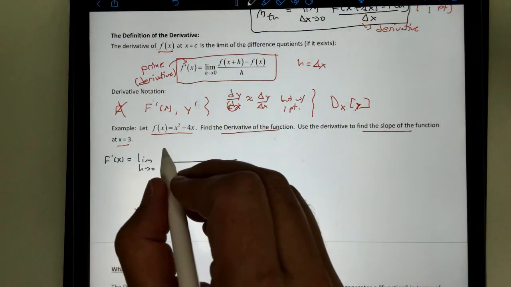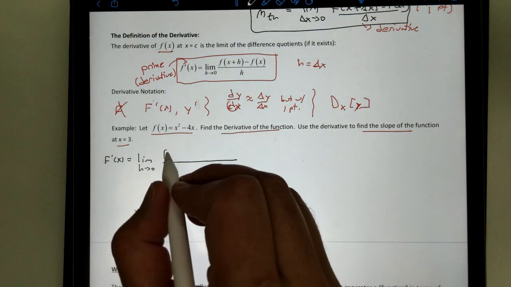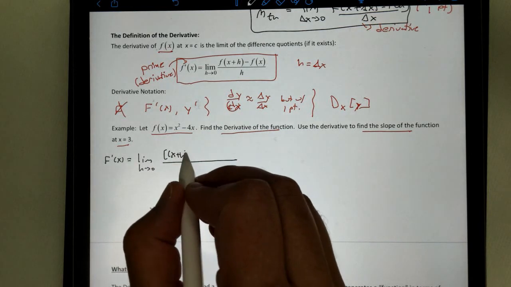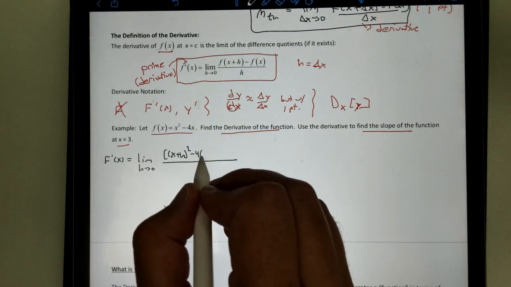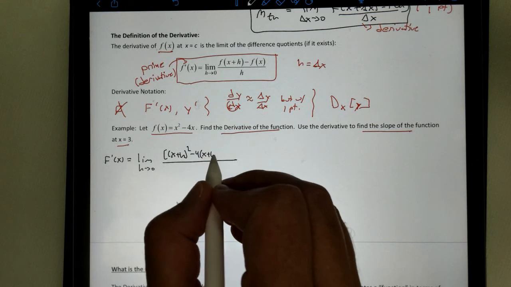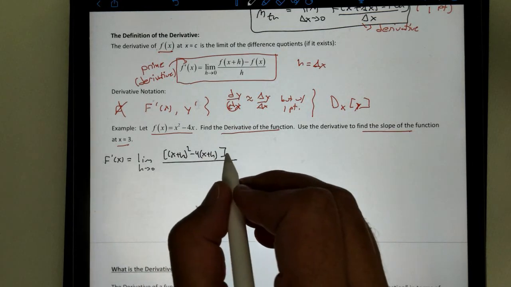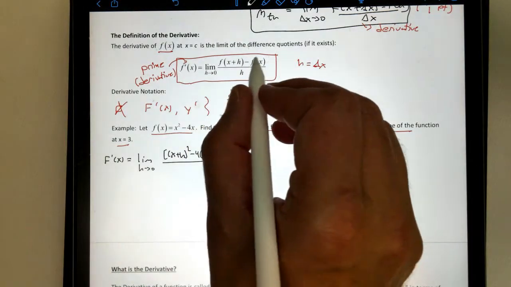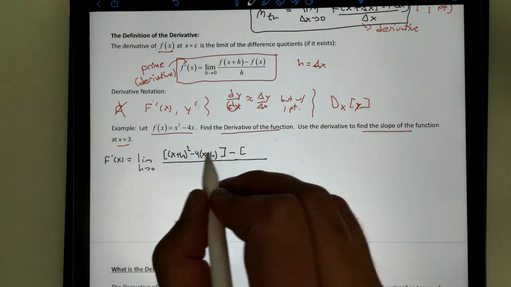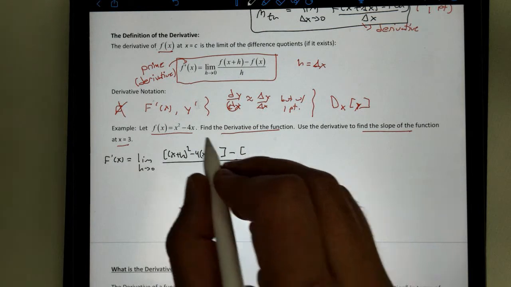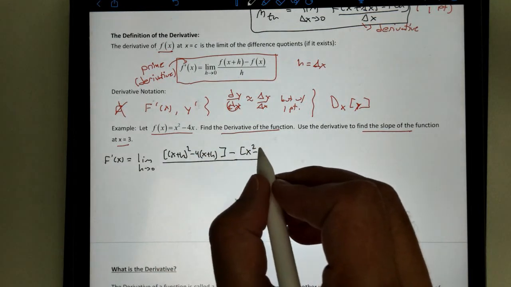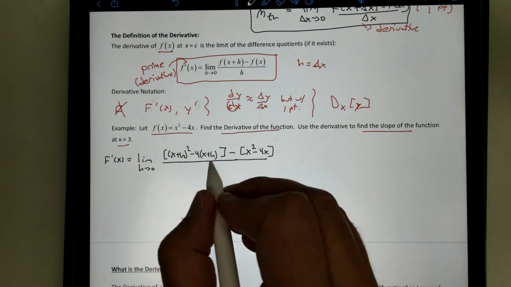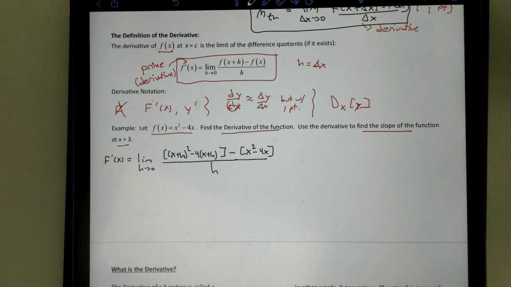So I'm going to write this in brackets here. This becomes x plus h squared minus 4 times x plus h, minus the original function, f of x. I use brackets because it helps me with the arithmetic. And this becomes x squared minus 4x, all over h.